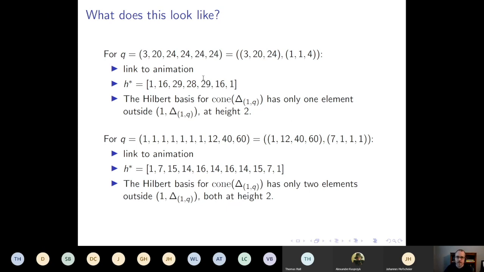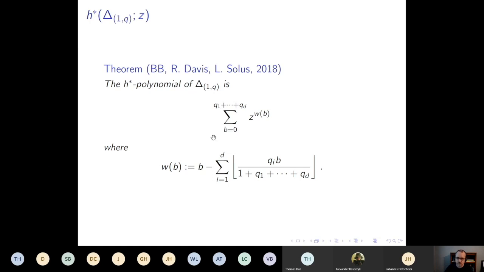Anyway, what I want to say is it's really helpful sometimes to think about how these weights move along. So I think about it like this. I start with b equals 0, and I get that w of b is equal to 0. So I get the constant term 1. When b is equal to 1, I get 1 minus whatever this is. Well, that's actually going to be a 1, so I get a z.